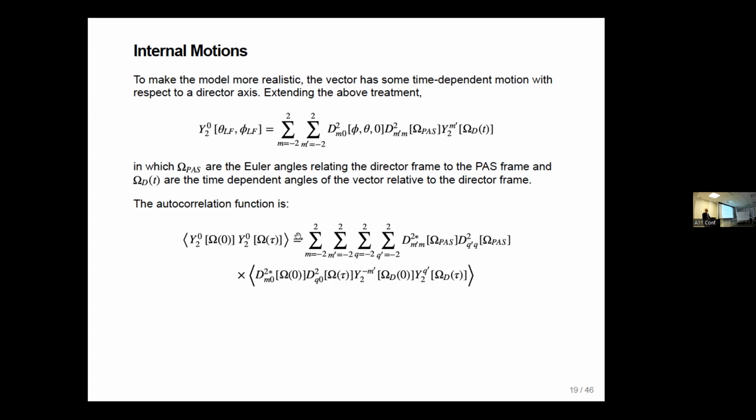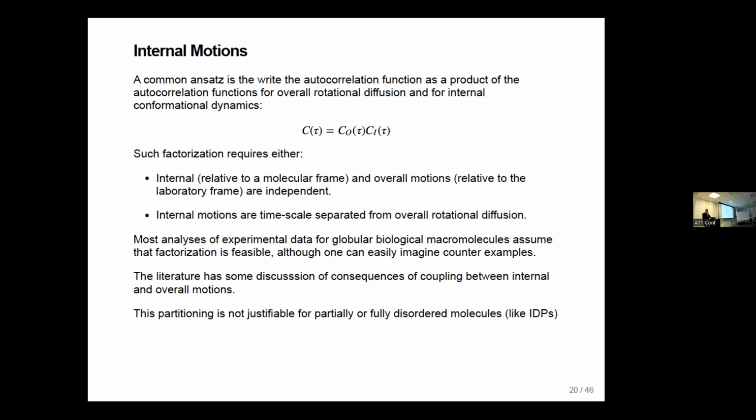And then we need the autocorrelation function, and we have to start making some approximations about what transformations are fixed angle and what transformations are time dependent. And again, things get very complicated quickly and require computer calculations, and certainly the future is more and more computer simulation and less analytical calculations.